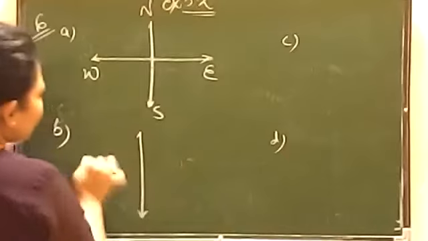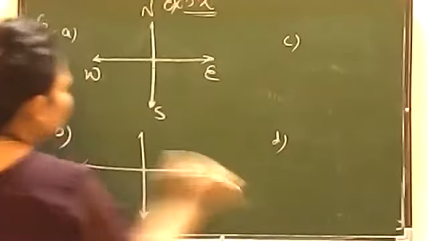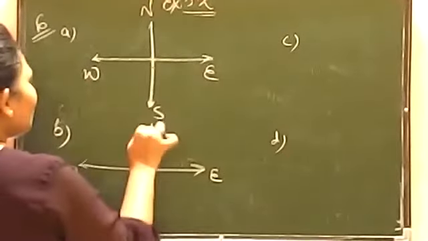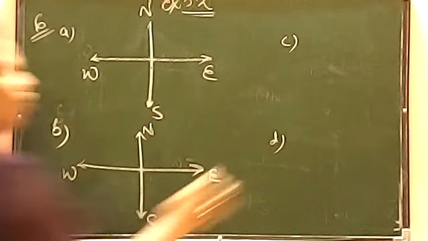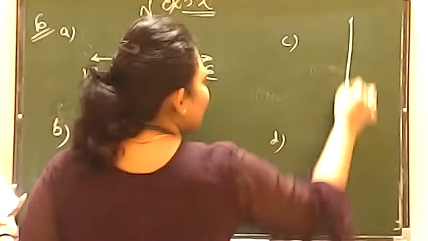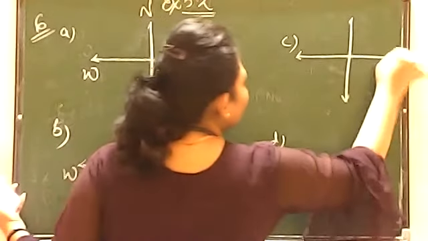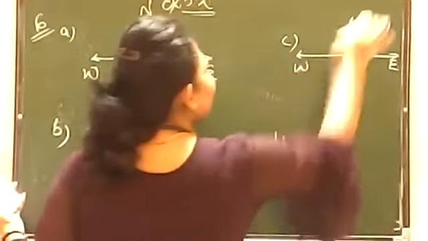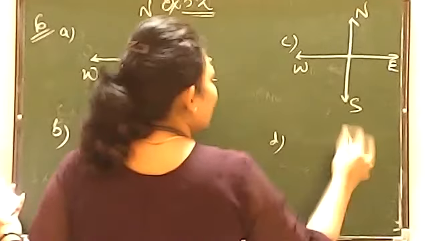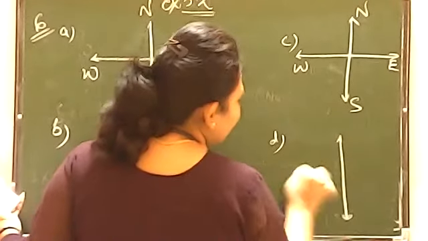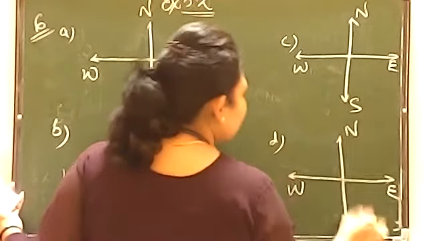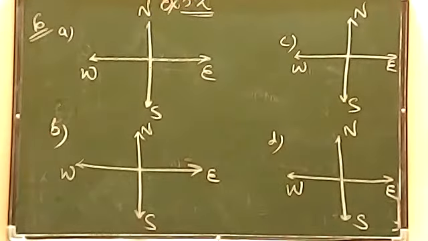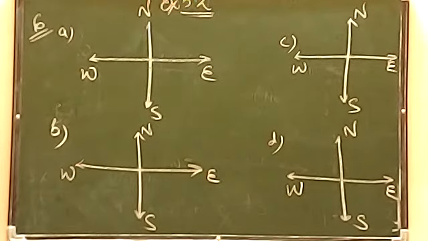Once again, for all 4 questions, we will have this diagram: east, west, north and south. And one more time, the last one, east, west, north and south. Now let's understand one by one.